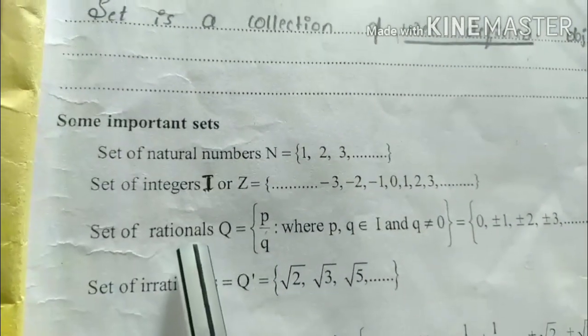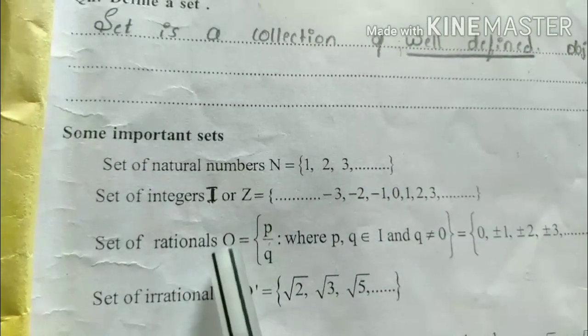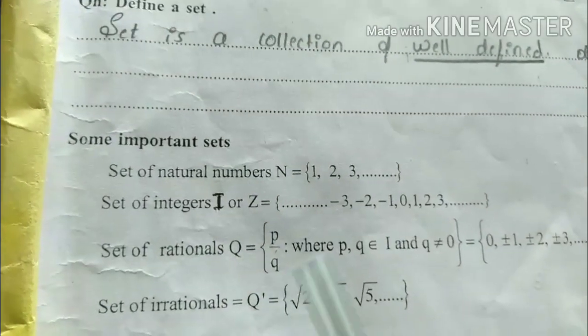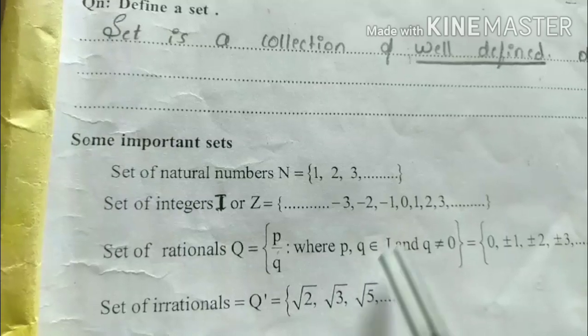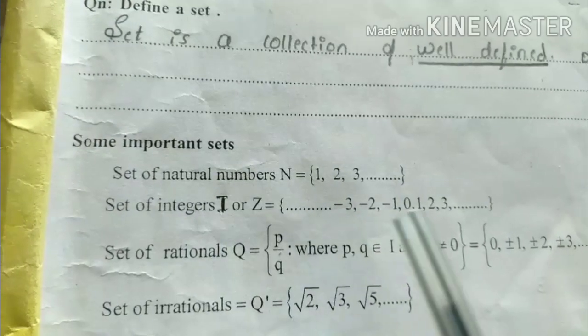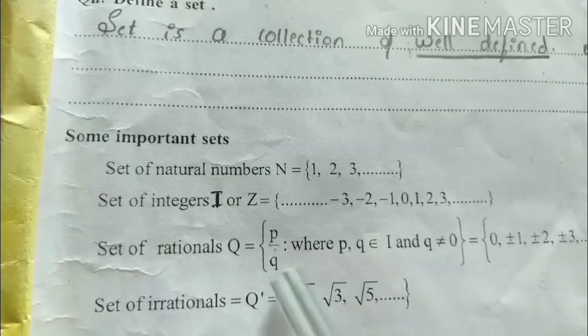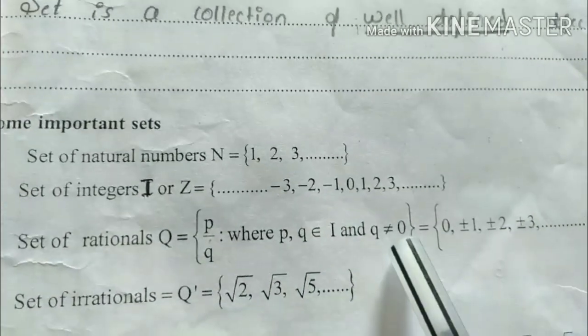The set of rational numbers is denoted by Q, the numbers in the form of p by q, where p and q belong to the integer set and q is not equal to 0, so the denominator must not be equal to 0.